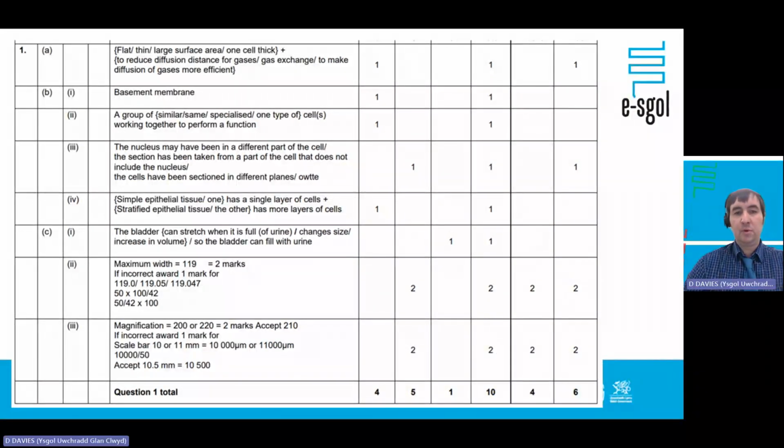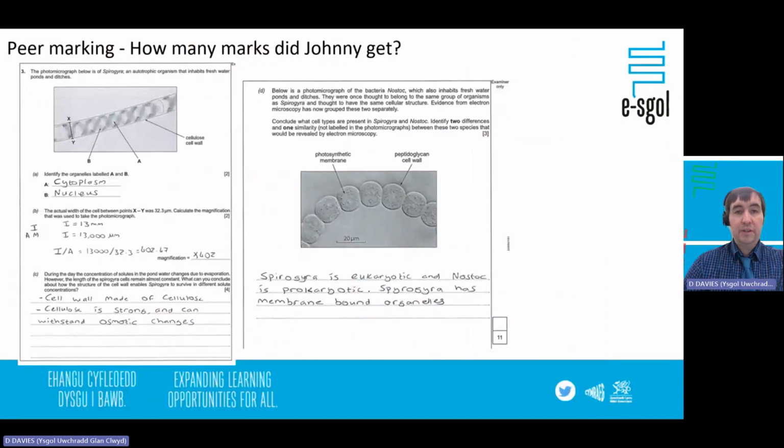Again, if you'd like to pause the video just there, you can use that to mark your answers. Okay, so what we're going to do now is a bit of peer marking.